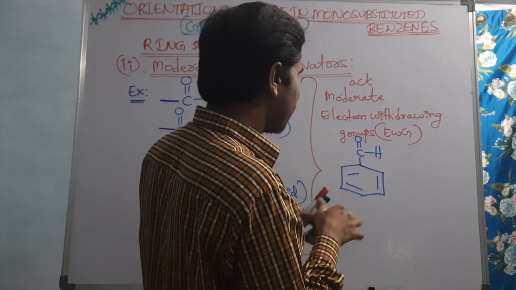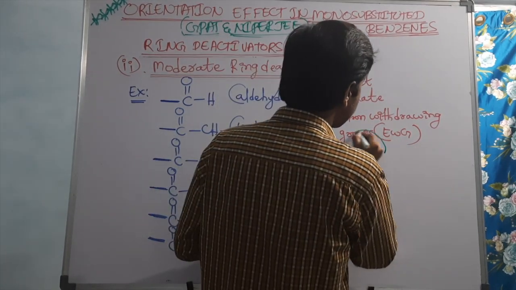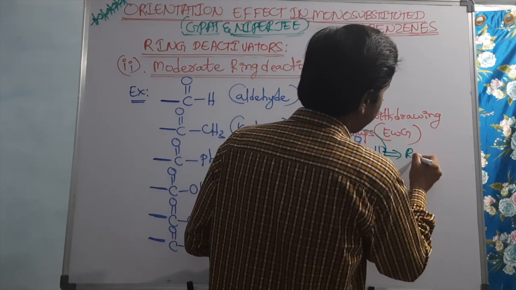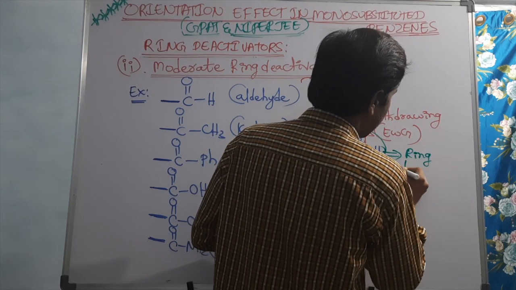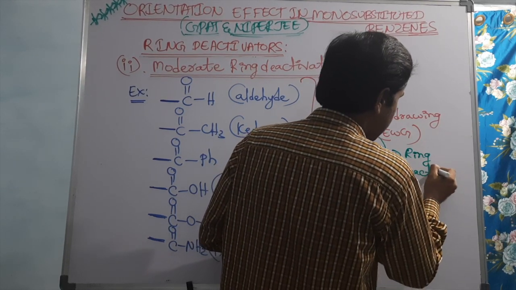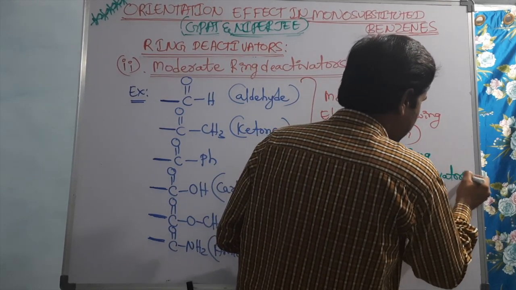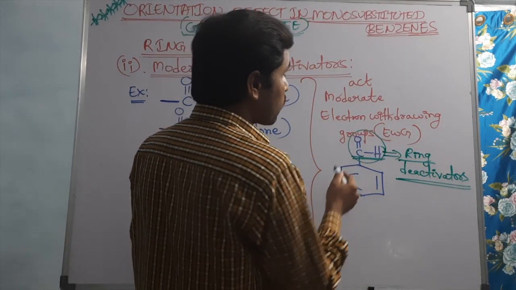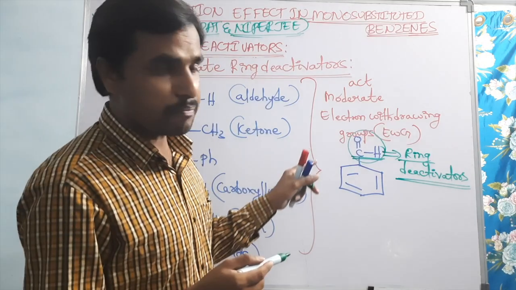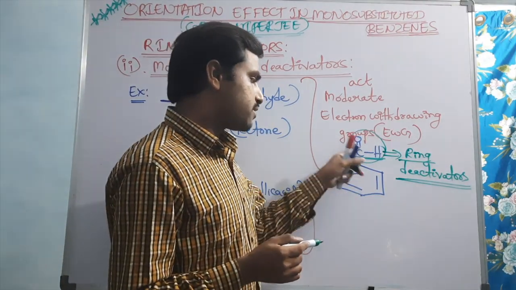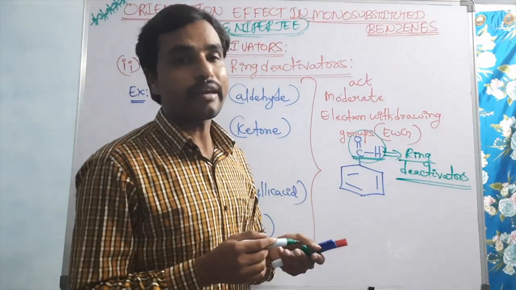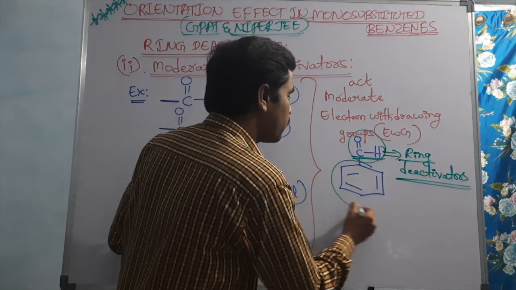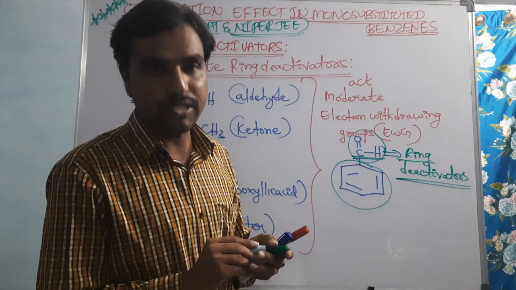Because of the presence of this group, this compound can act as a ring deactivator. Whatever group is present, the aldehyde group in benzaldehyde, reduces the activity of this benzene ring.